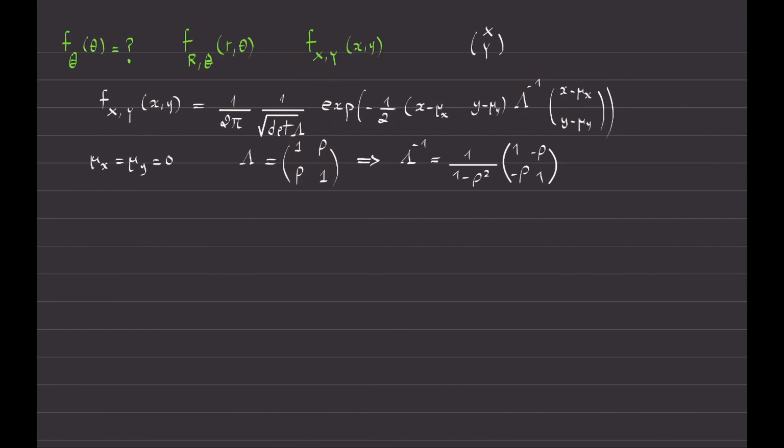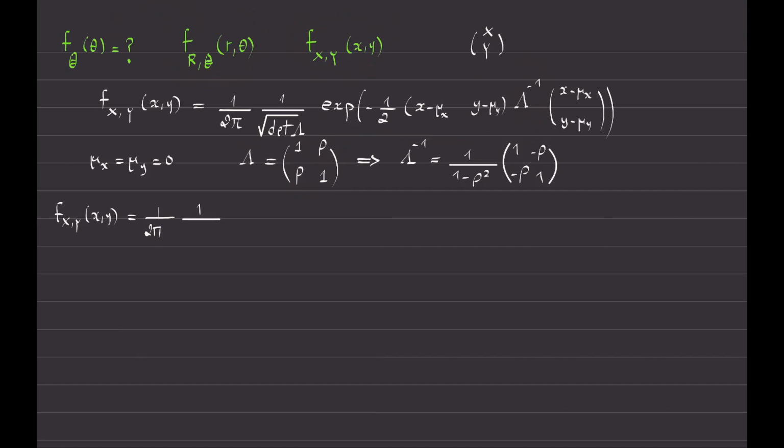I put every piece of information that I have in this general formula here. So I can write f of x and y calculated at little x and little y is equal to 1 over 2 pi, 1 over the determinant of lambda.